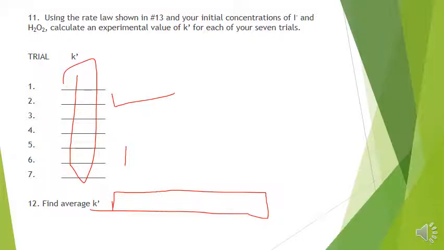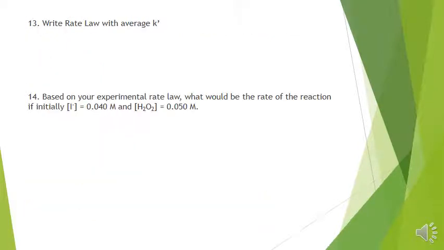And then you're going to write your complete rate law. So rate equals the average value of K prime, whatever that is, 0.02 whatever, times I to whatever power, and H2O2 to its power.